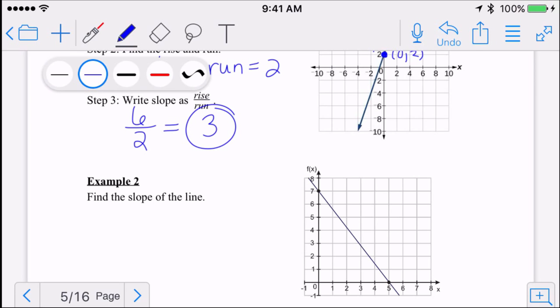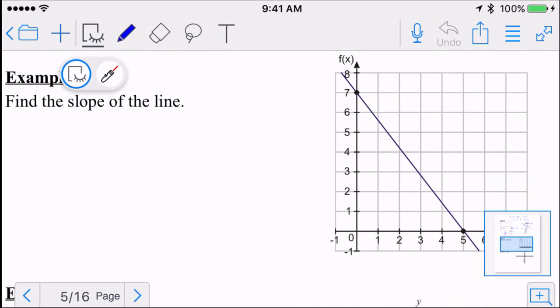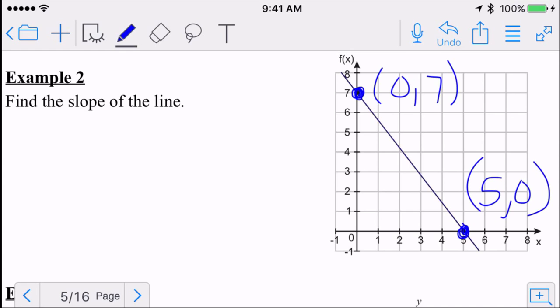Down here for example 2, find the slope of this one. So, zoom in a little bit here. Well, it's already got 2 points labeled for you, so just use those. Don't worry about trying to find any other ones. So this point here is at 0, 7. This point here is at 5, 0. So let's look for our rise.